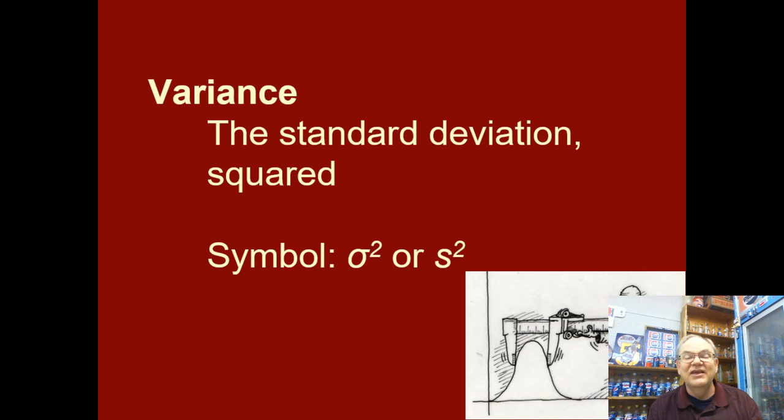It's the standard deviation squared. So if I told you that the standard deviation was 5, the variance is going to be 25. If I told you the standard deviation was 2, the variance is going to be 4. You just take whatever the standard deviation is and you square it. That's the variance.